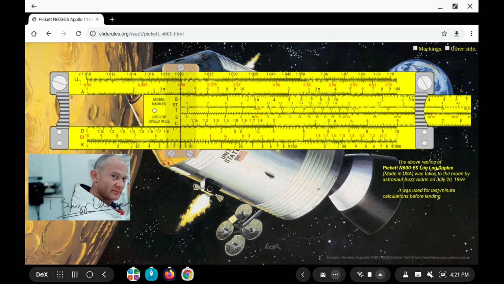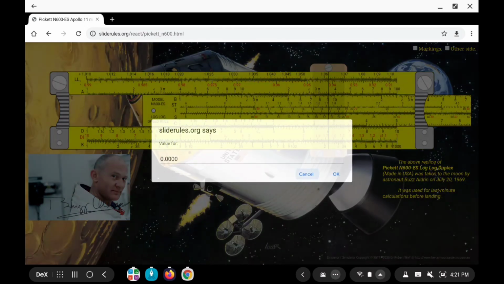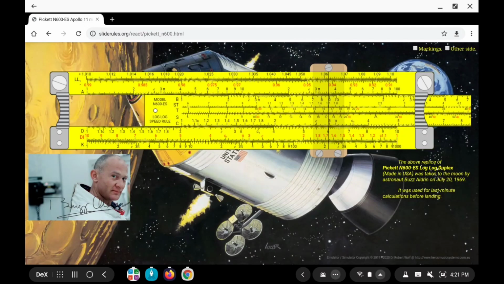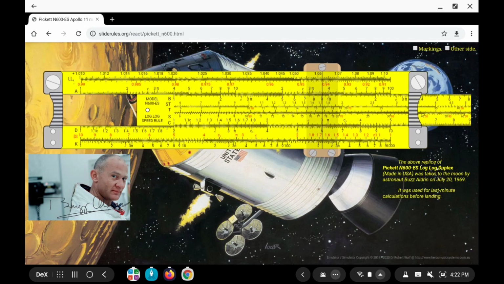The 1 on the C scale is the same as the 1 on the D scale, just drawn up above the joint. So the distance from the 1 on the C scale to the 3 on the C scale is the logarithm of 3. When you slide the central part over, like I've got it aligned here, what you're doing is adding the logarithm of 2 to the logarithm of 3, and you can read the result on the D scale, the logarithm of 6.